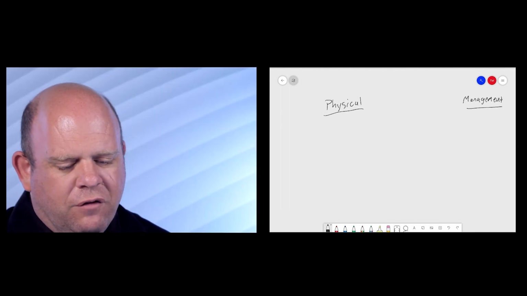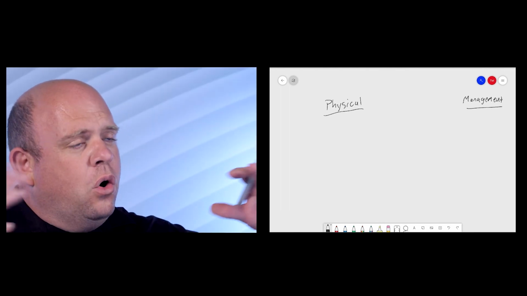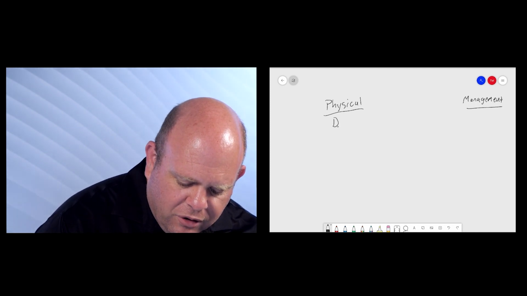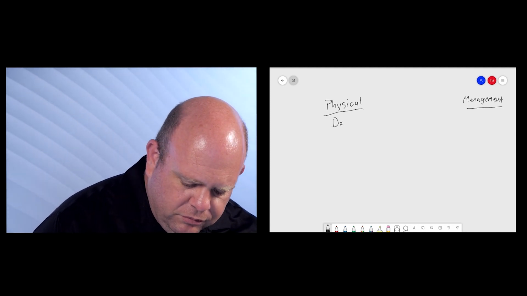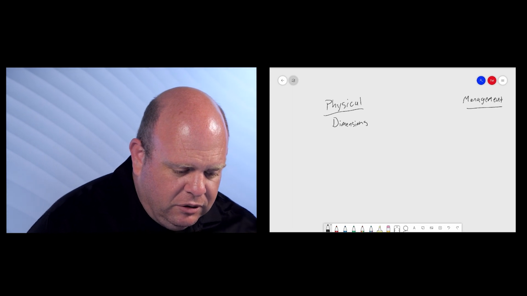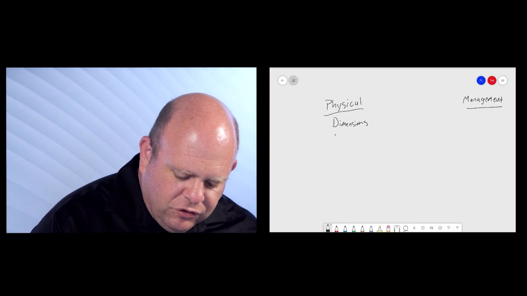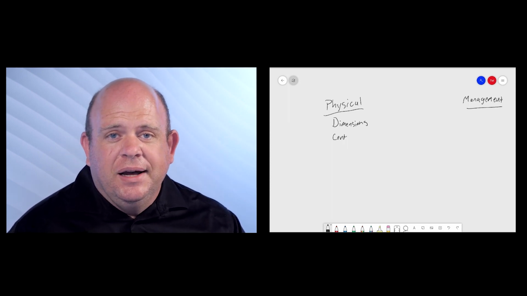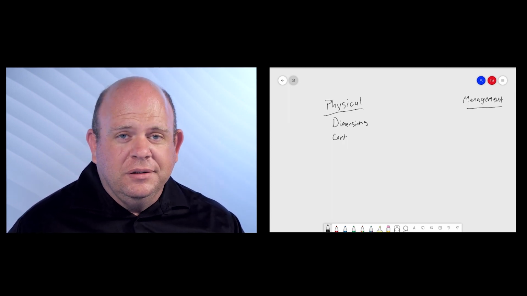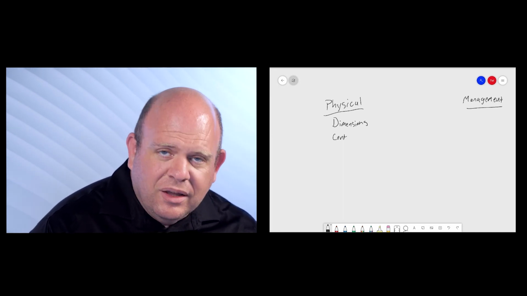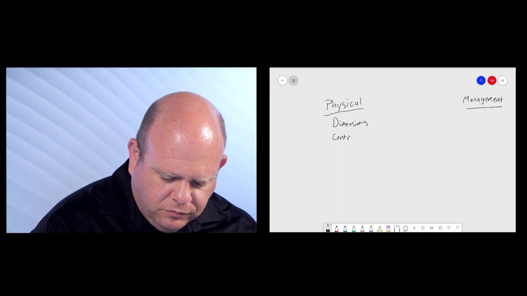There are things that are very specific to the whole big picture of the property, and those are things like, what are the dimensions of the property? How is it constructed? Is it tilt up? Is it all steel? Is it all wood? Is it all framed? What does it look like?